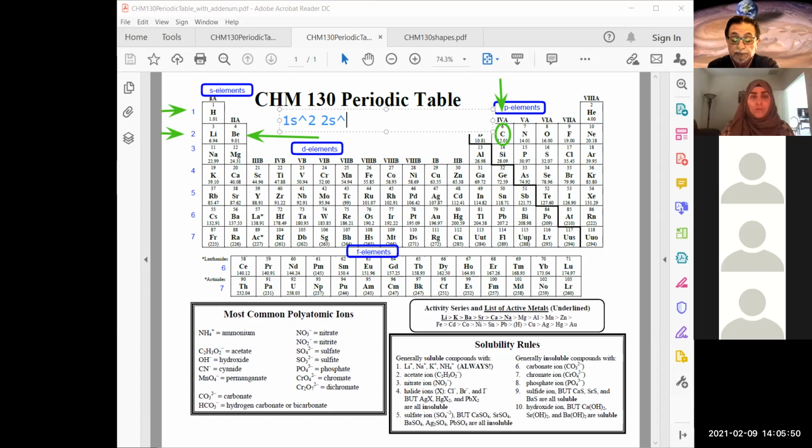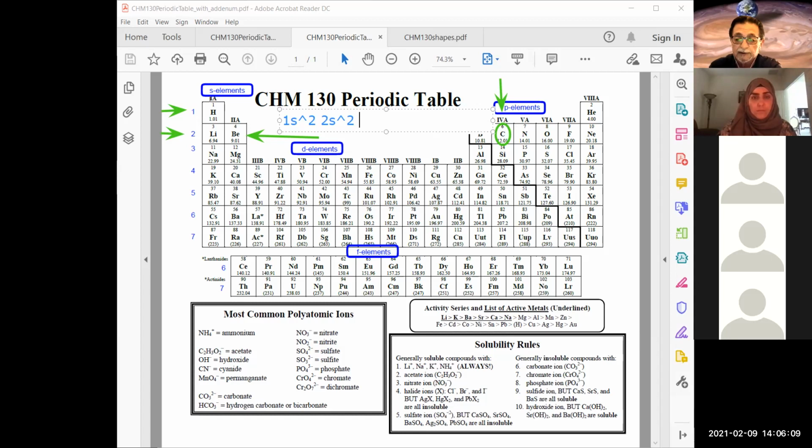So that's 2s superscript 2. Okay, so that's full. Then I go across to carbon, and it is in the p2 column. Remember, the p1 starts off in group 3, and then goes all the way across.